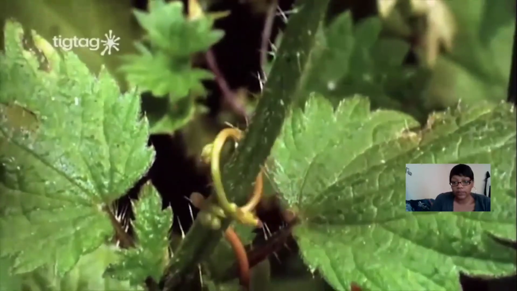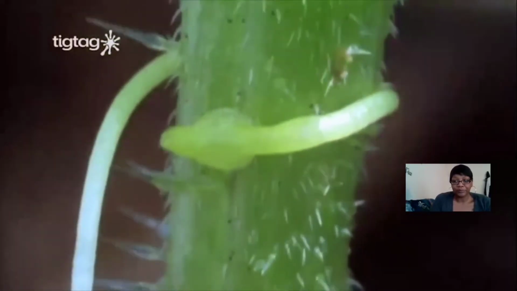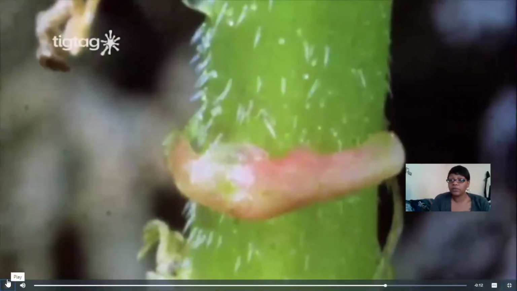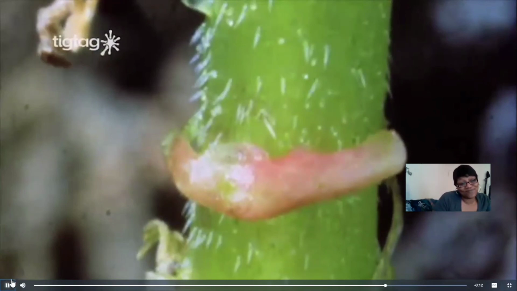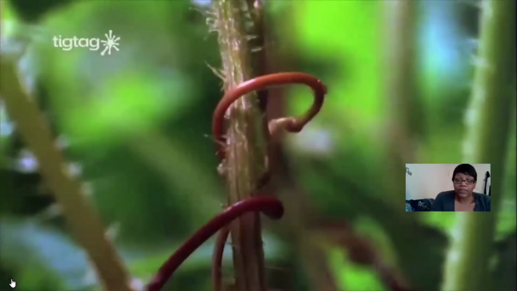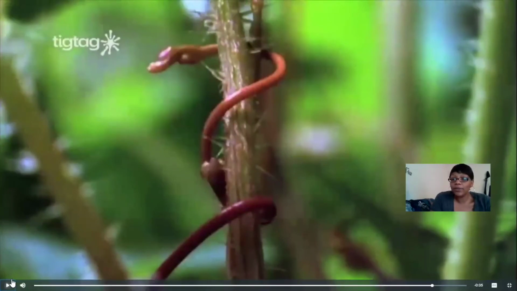It's quite gross, actually. So unlike in the last video, we were talking about how unique they are by making their own food. There are certain plants that are incapable of doing that, so they do this, and they look gross doing it. It's a parasite because it takes from other living things.